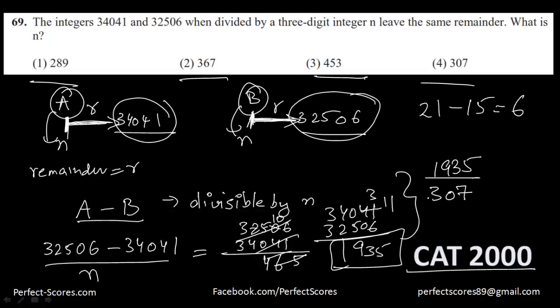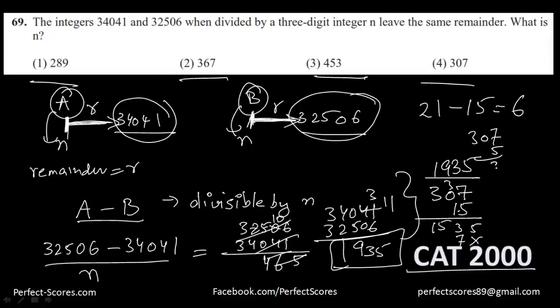If I multiply 307 by, let's say, 5, right?